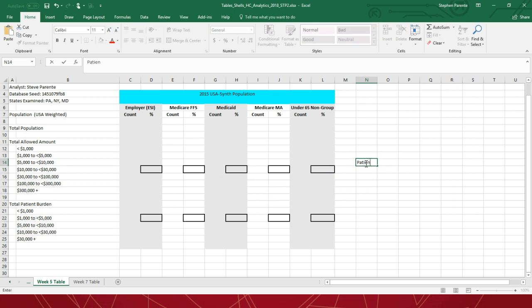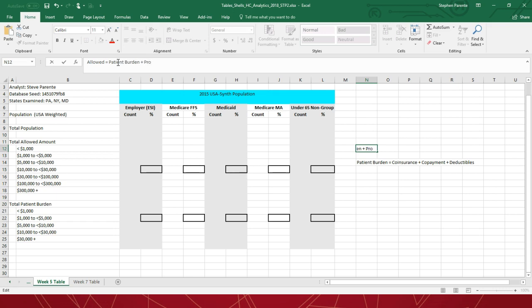So patient burden is equal to coinsurance plus copayment plus deductibles. And again, I'll write it out for you all here. Allowed is simply basically the patient burden plus the provider payment.